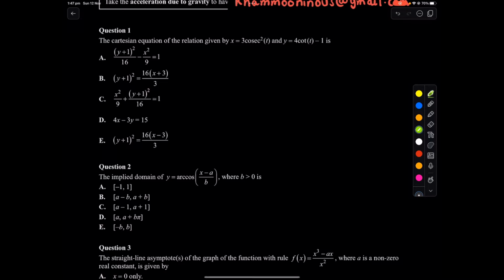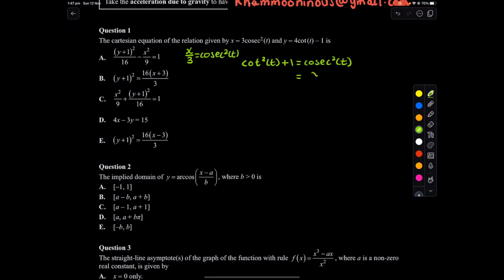It states that we know that cot squared of t, plus 1 is actually equal to cosecant squared of t. And luckily, if I re-express this in terms of cosecant squared, it will just be x over 3 is cosecant squared t. We can just shove that into this function over here.